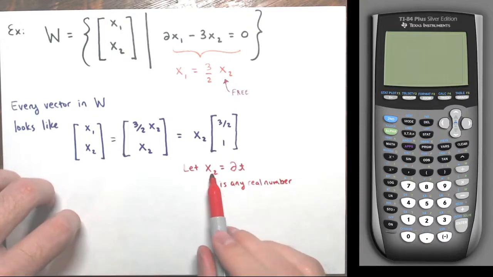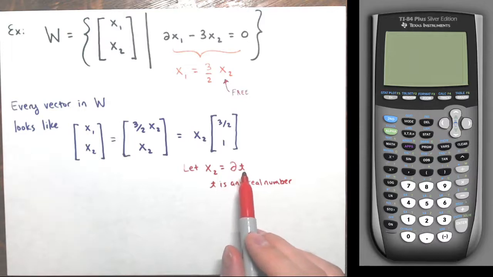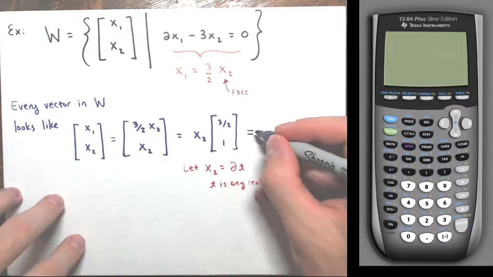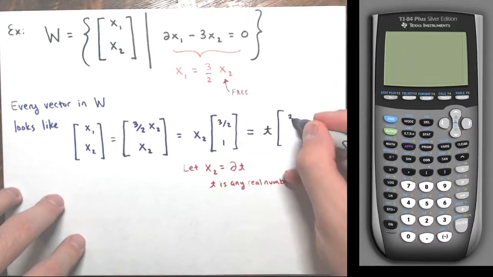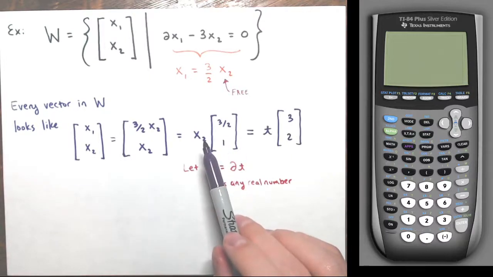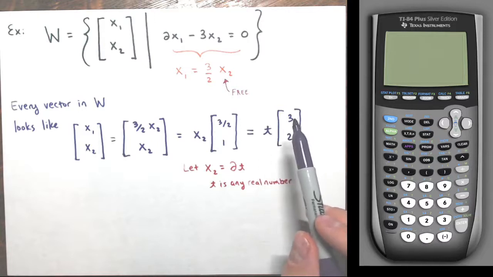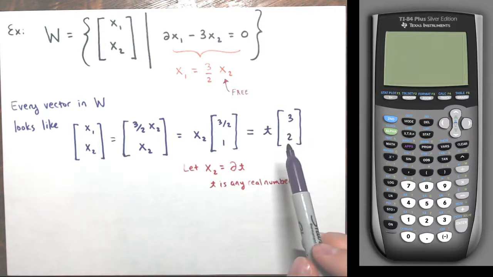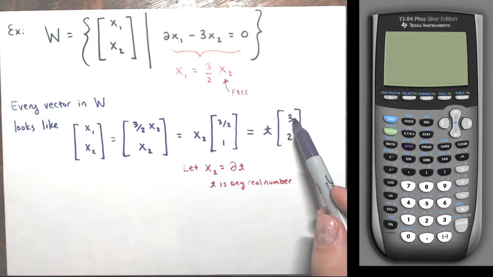So I can replace x2 with another expression that can take on any real number. 2 times t can be any real number I want, depending on the value of t. And if I do that, then we have t times, and I can multiply these by 2 and get 3, 2. So it really doesn't matter. Any scalar multiple of 3 halves, 1 is also going to be a scalar multiple of 3, 2. Just multiply it by 2. Okay, so I'd rather work with this vector.